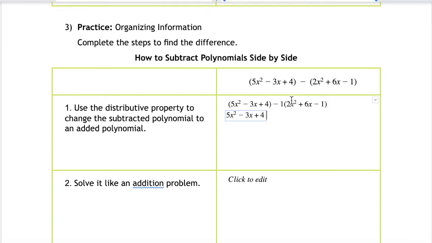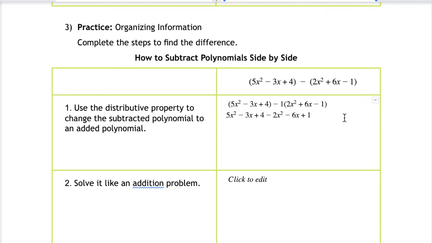So -1 times 2x squared is going to give me -2x squared. Then I'm going to multiply -1 times 6x in my second group. So I have -1 times 6x equals minus 6x. And then finally, I'm going to multiply -1 with my last term, -1 over here. So -1 times -1 is going to give me +1.